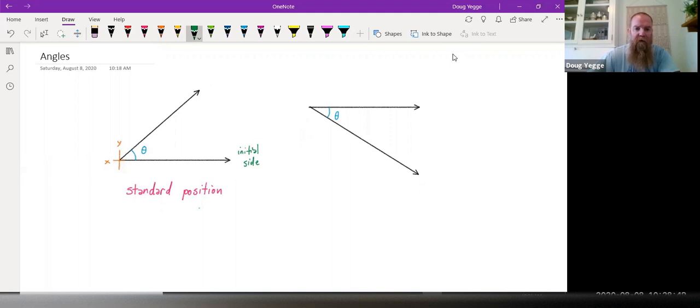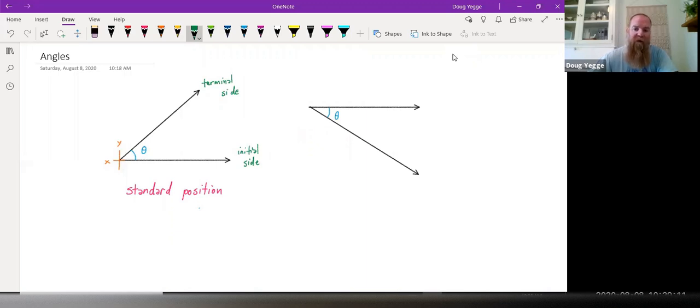And then we end up rotating from 0 up and around to wherever we are. And this is what we consider a positive rotation, okay? And this right here is the terminal side of this angle. So you can see that it's kind of like a clock turning, except that it's turning counterclockwise.